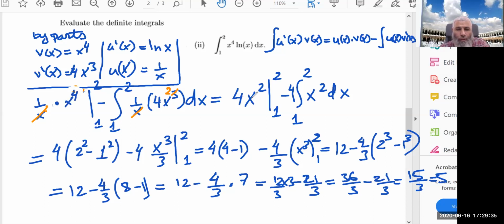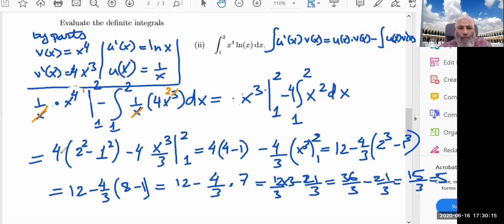So here we have x power 3. And now minus integration from 1 to 2, u of x, which is 1 over x multiply v dash x, which is 4x power 3. So x power 3 minus 4x power 2 dx.